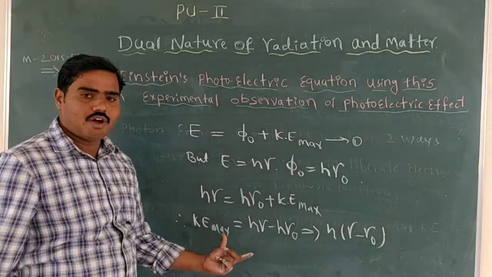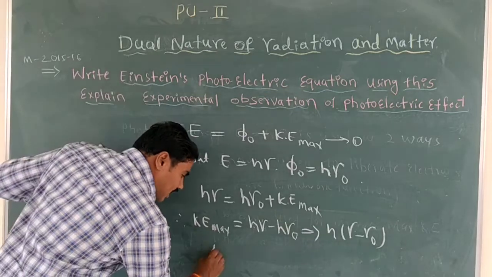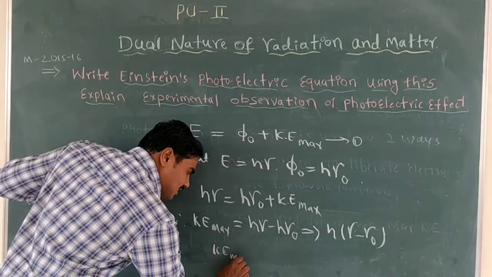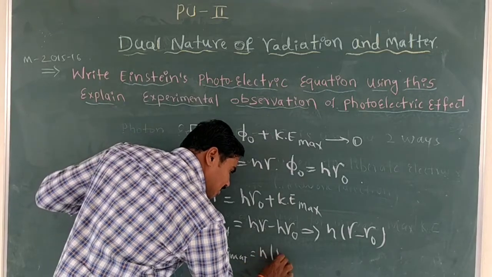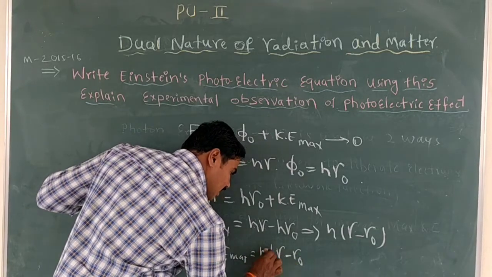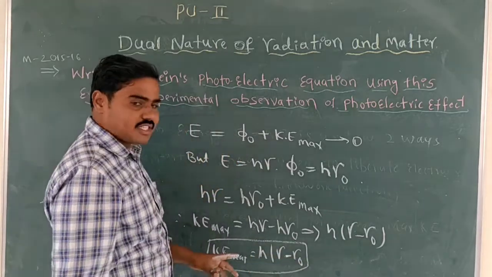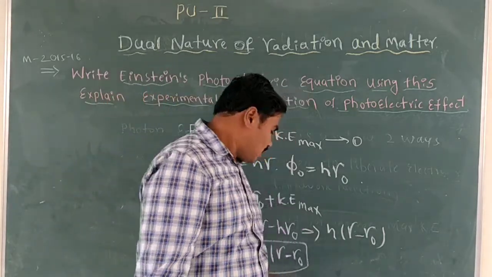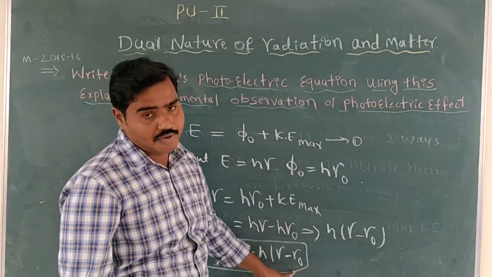Okay, this equation is called Einstein photoelectric equation. Here kinetic energy maximum is equal to h times nu minus nu naught. This equation is called Einstein photoelectric equation in terms of normal frequency and threshold frequency.